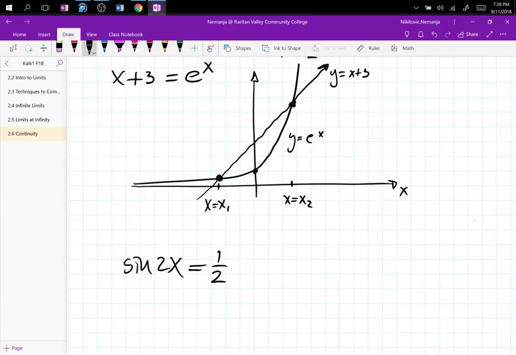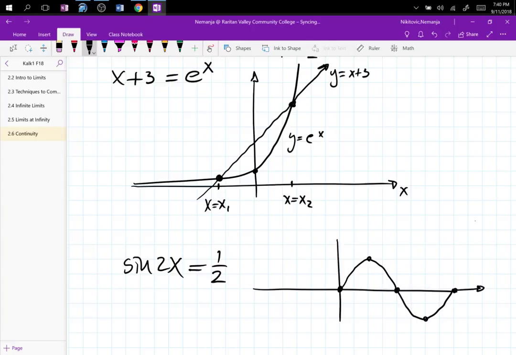Well, sine 2x, this 2 is going to make the sine faster, which means that when you draw your sine function, I'm going to put these points. 2x makes it faster.